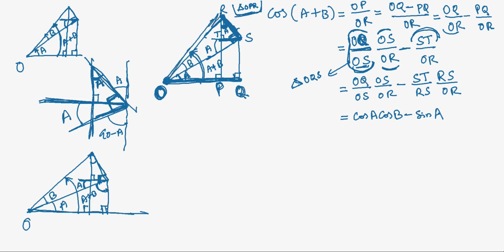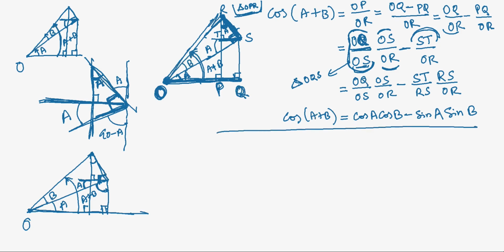It will be sin B. So we proved that the cos of the compound angle A plus B is cos A cos B minus sin A sin B.